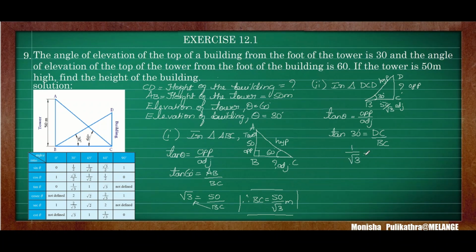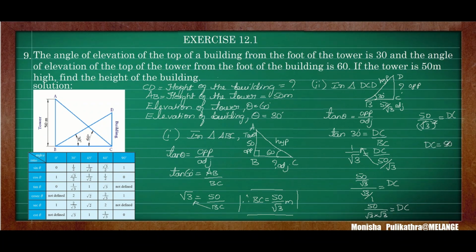So 1 by root 3 is equal to DC by BC, where BC is 50 by root 3. Cross multiplying, 50 by root 3 into root 3 by 1 is equal to DC. So 50 by root 3 into root 3 is equal to DC, and the root 3 cancels.